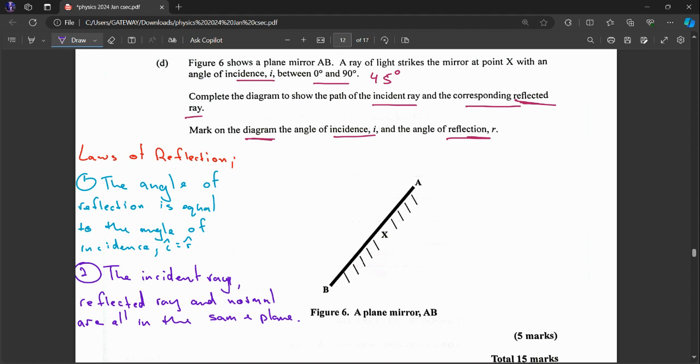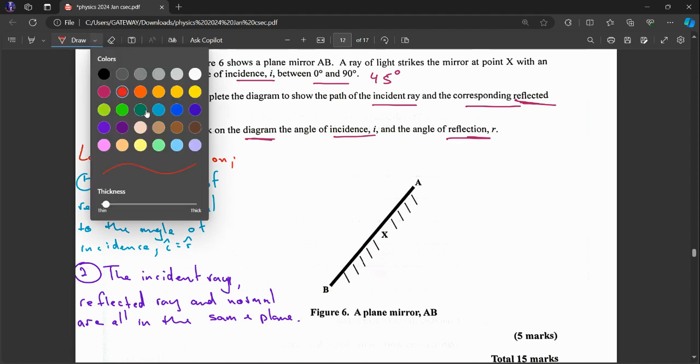For example, you have a flat mirror, which is the plane, and it shows reflection. You would have conducted this experiment in school, and it shows that the angle of incidence is always equal to the angle of reflection.